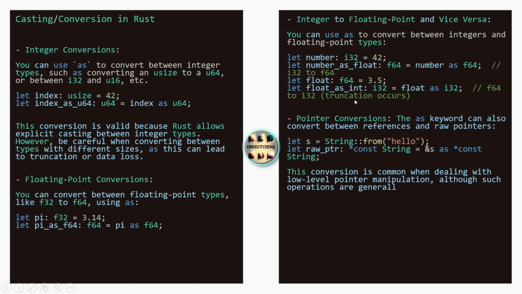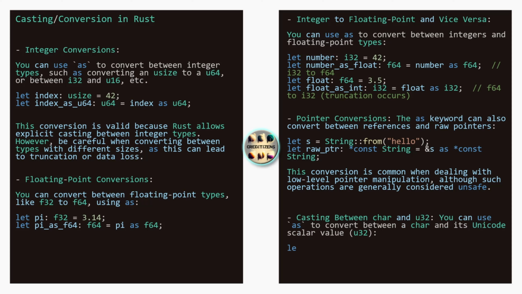Alright, so pointer conversion. The as keyword can also convert between references and raw pointers. So here we have an example where s is a string from hello, and we use &s, which will be pointing to it. And you can see here we say let raw_pointer, we put *const String, equal, and after we are here doing the conversion, &s as *const String.